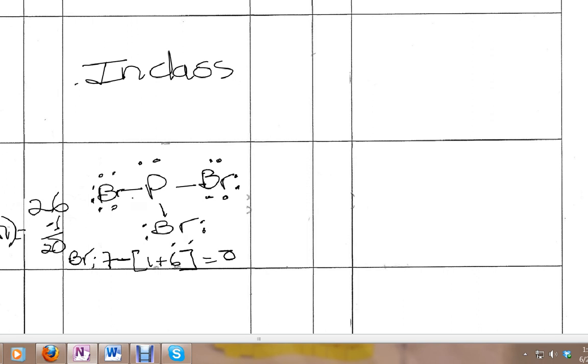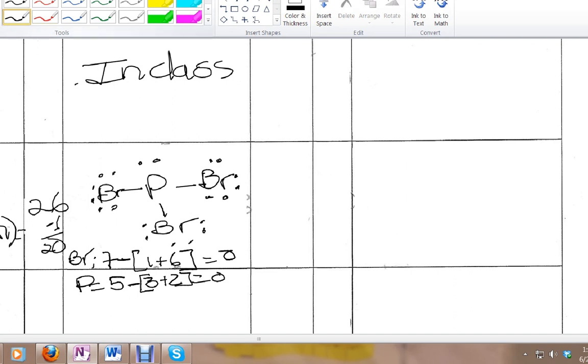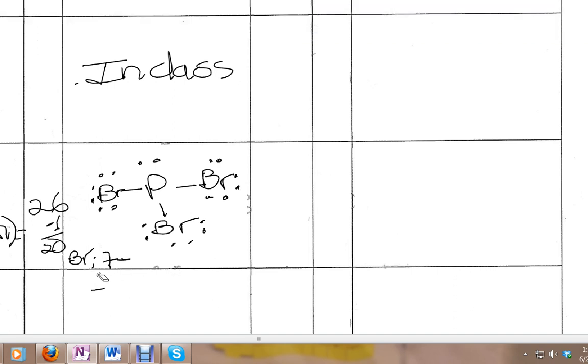It's 0, 0, and 0. How about the phosphorus? Phosphorus would be 5 minus 3 bonds plus 2 unshared, 0. Oh, perfect Lewis structure. 0, all of them. At least that was easy on this lab manual.